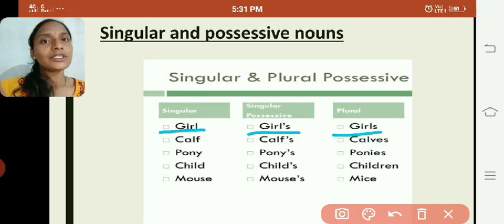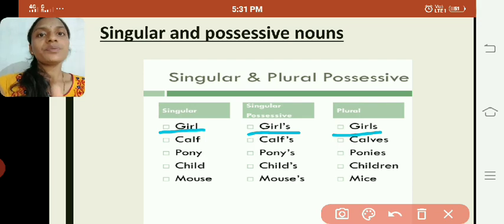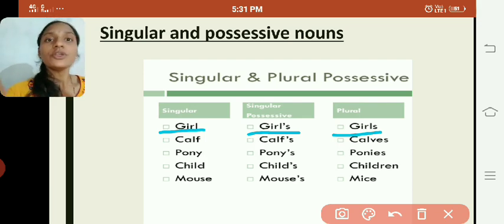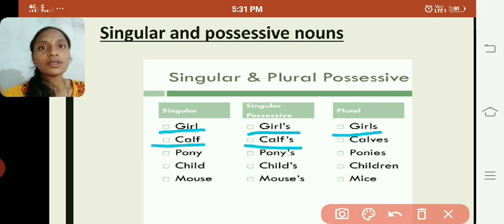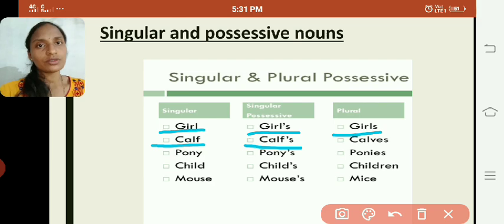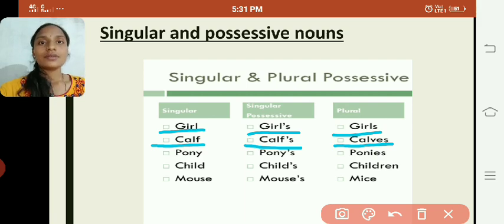That means there it is not showing the possession, it is showing the plural form. Second, calf. Calf's means the thing that belongs to that calf. So it is a possession. Apostrophe s is a possession. And here calves, that means it is a plural, more than one calf, that is calves.